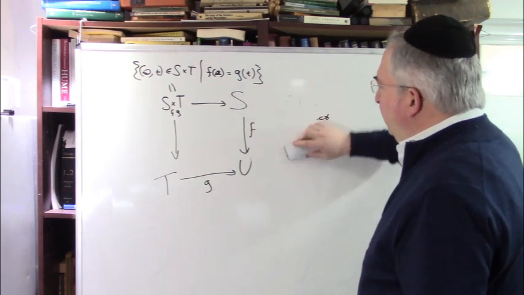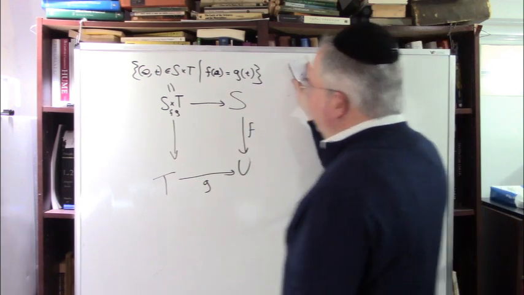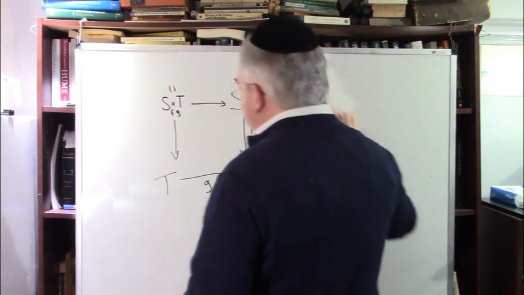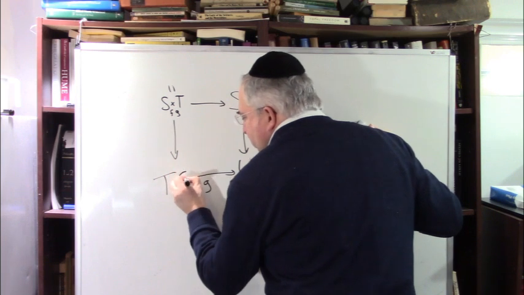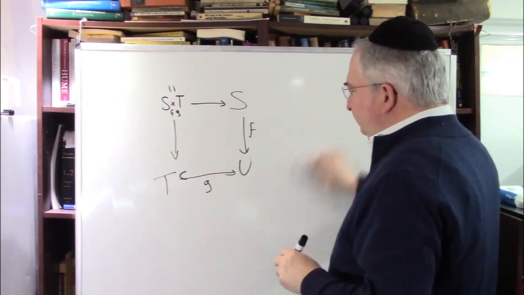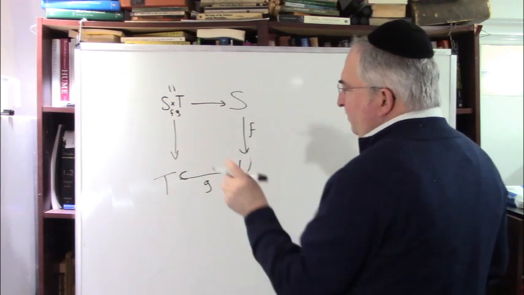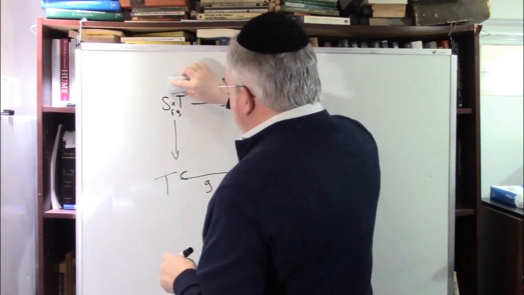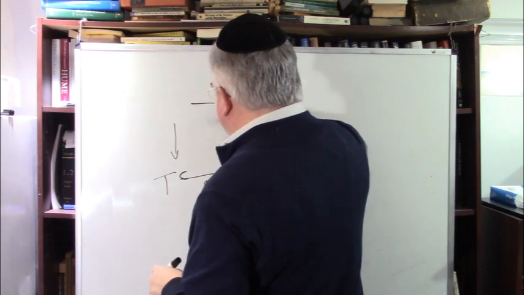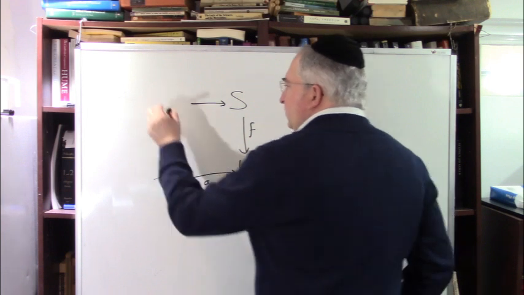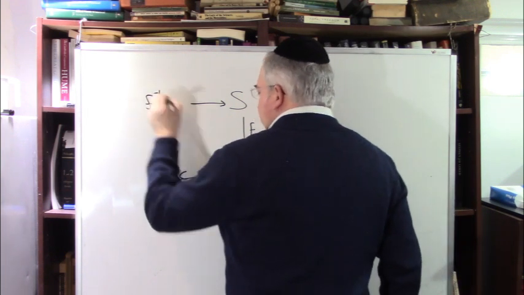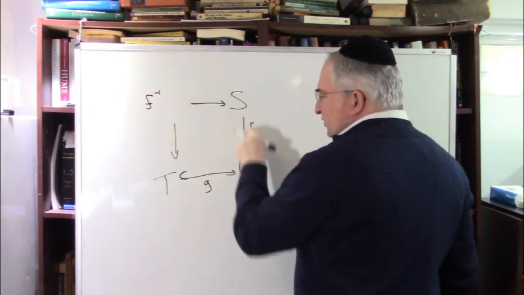Okay. Now, there's a special case of this that's very important. Namely, what happens if this is an inclusion function? In the book I do it the other way, but it doesn't matter, it's the same thing. What this is called is f minus 1, because really what we're dealing with is this f function.